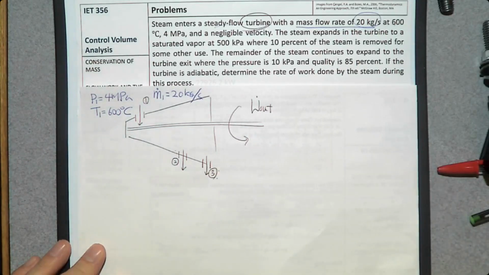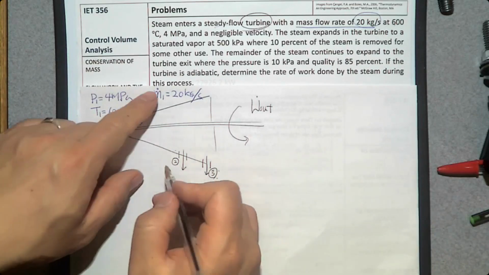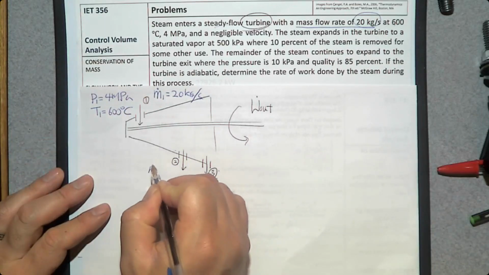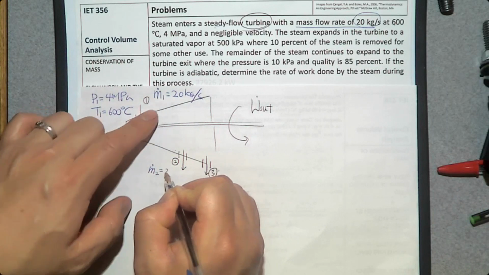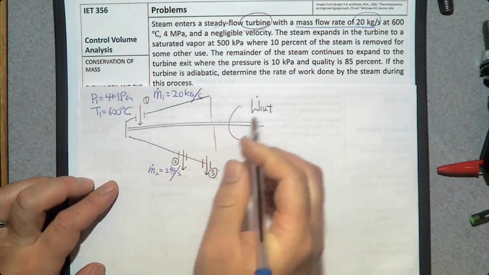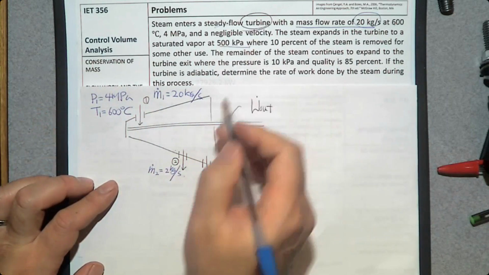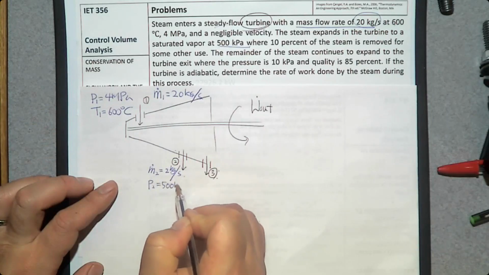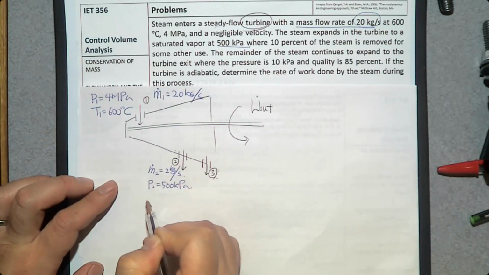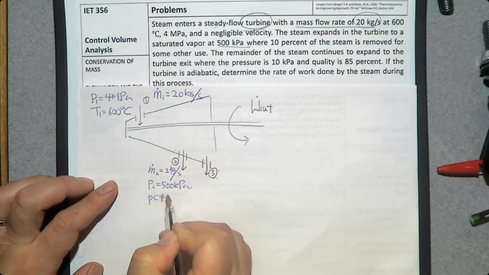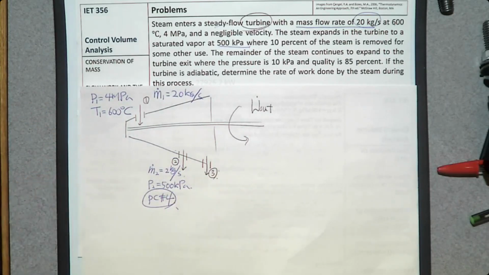Then what is the mass flow rate at number 2? Only 10% of 20. So m dot 2 is only 10%, 2 kilogram per second. But we know pressure, P2 is 500 kilopascal, and we know it is a phase change process, saturated vapor.